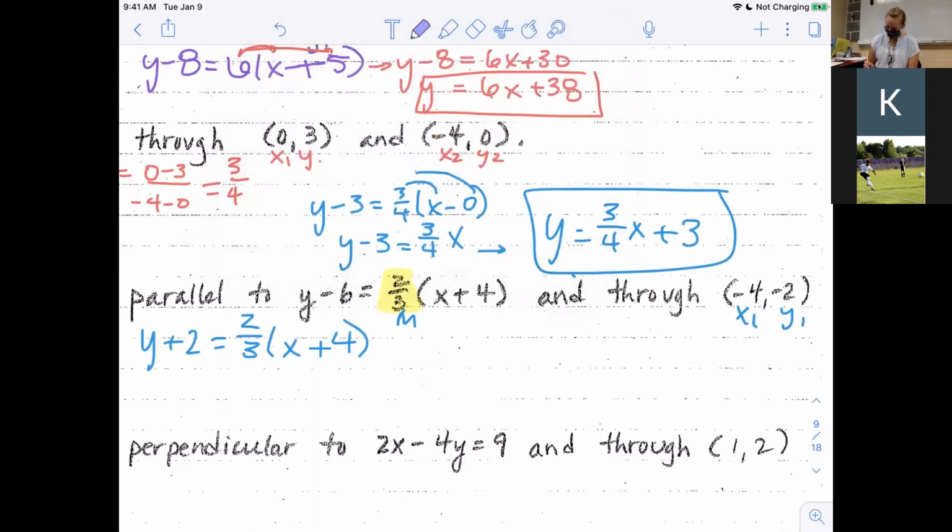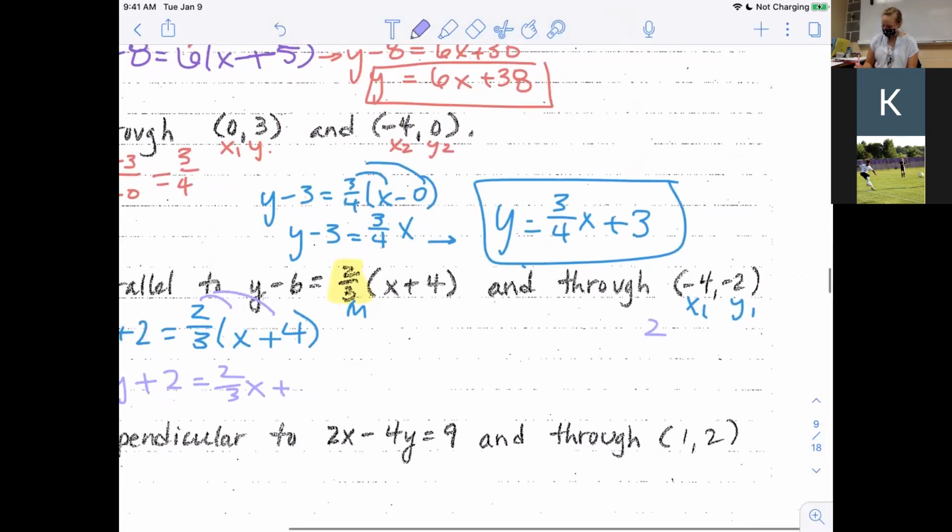Going to distribute through. Y plus 2 equals 2/3 x plus 2/3 times 4. Let me do that off to the side. Remember, that's the same thing as multiplying 2/3 times 4/1. There's nothing to cancel here.